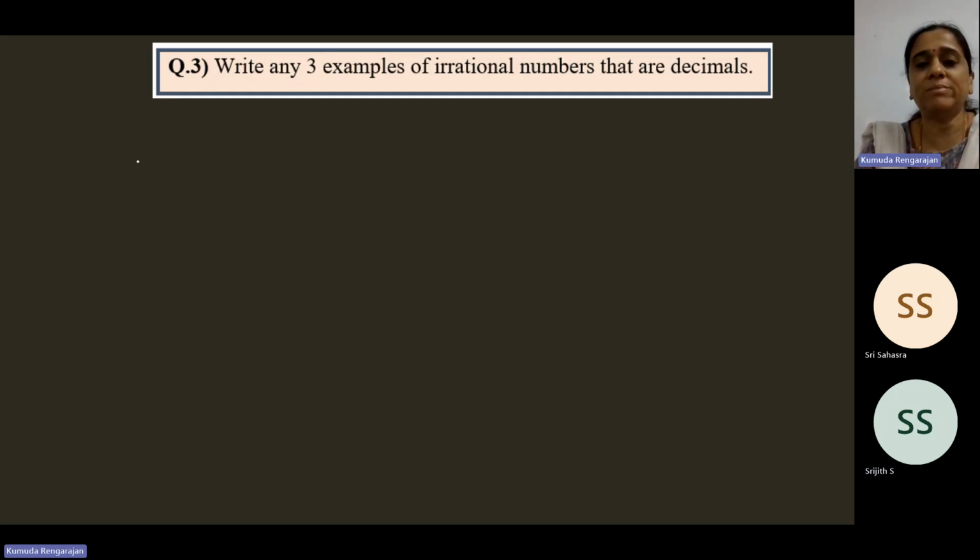Write any 3 examples of irrational numbers that are decimals. Yeah, Sahasra, tell me. Danvin. Yeah, tell me.